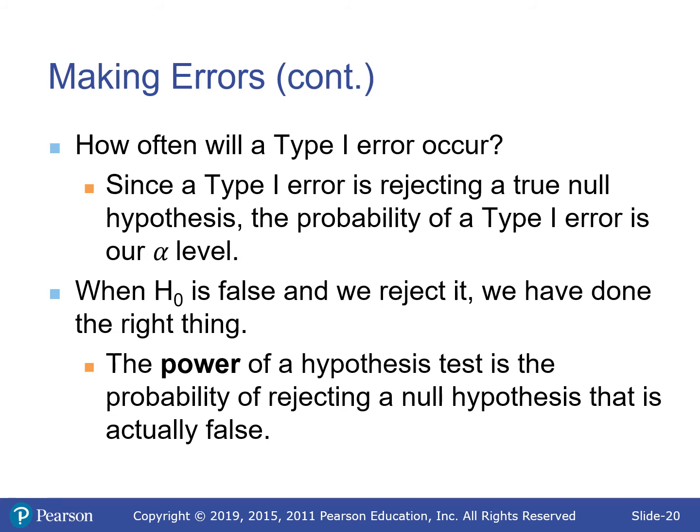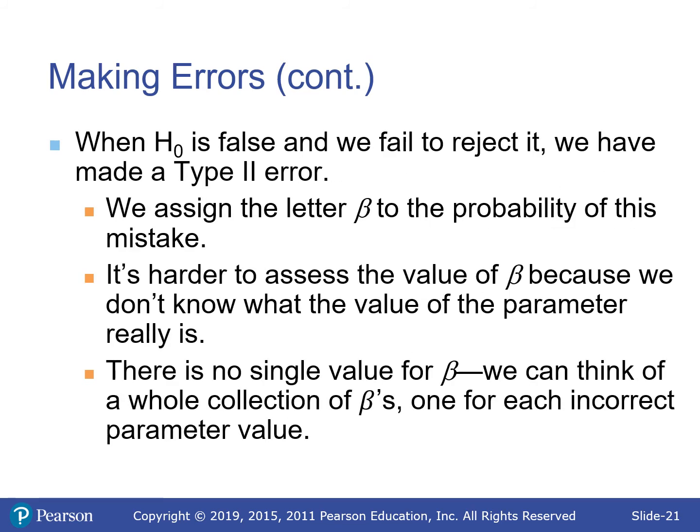In the past, you guys have had to find that probability of power and the probability of a type 2 error, which is not the easiest thing to do in the world. You don't actually have to do that anymore. So you guys are a little bit lucky on that. So when H naught is false and we fail to reject it, that's a type 2 error. So we're going to say that beta is the probability of making that mistake.